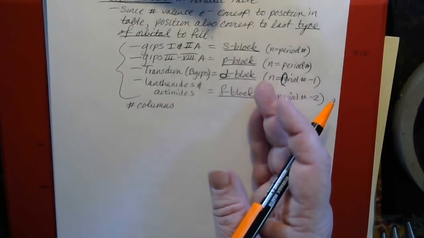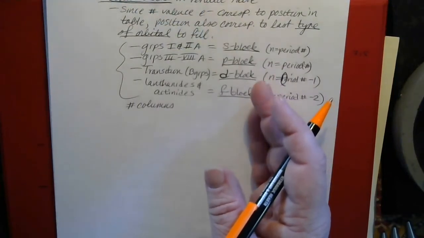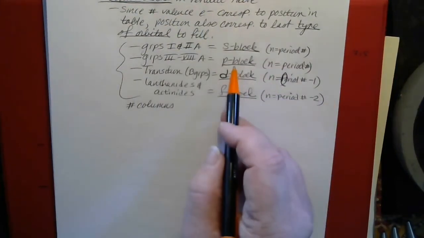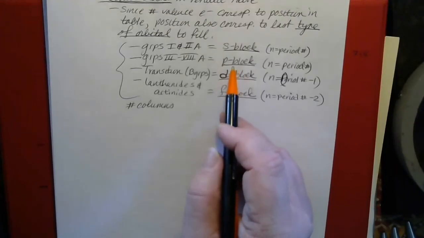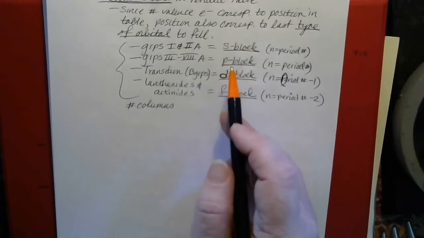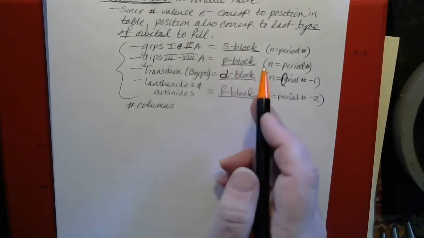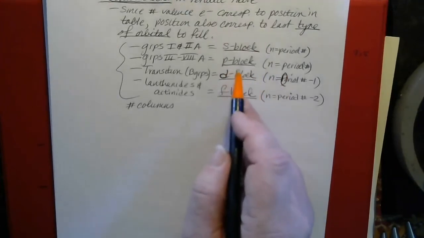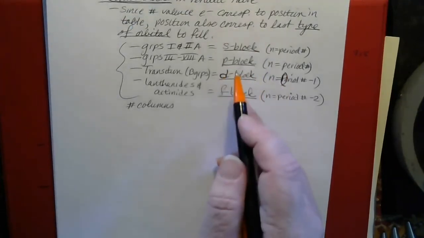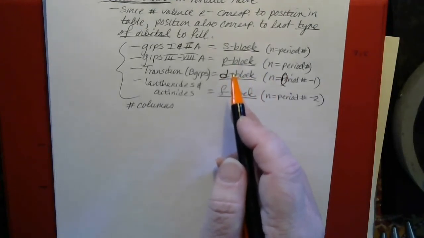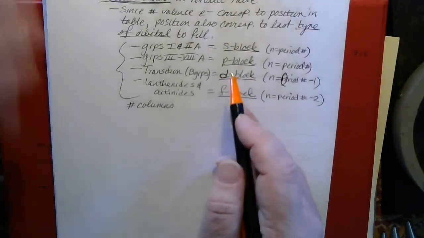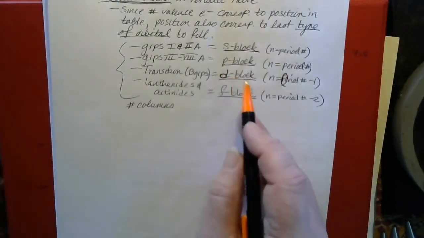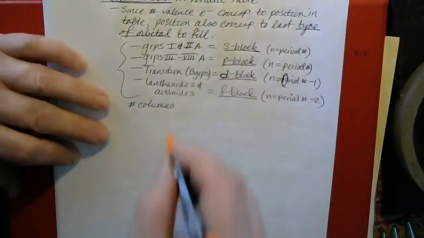So if the P block starts with 1 electron in the p orbitals of the valence shell, you can add a second and a third and a fourth and a fifth. But once you add the 6th electron, you've filled that shell. If you have any more to go, you have to go down to the next period with the s orbitals of the next shell, and so on.